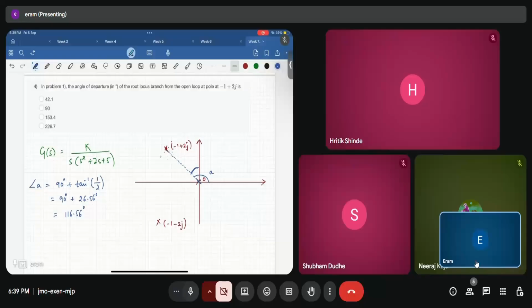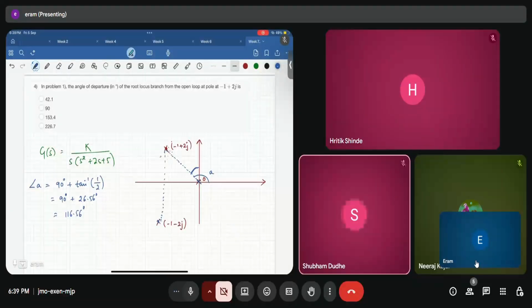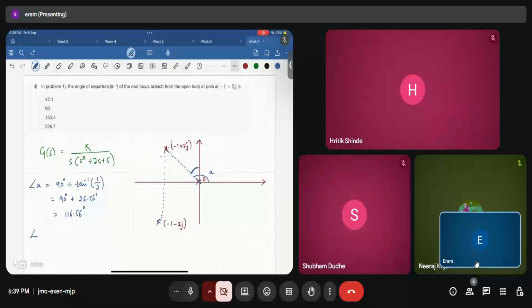Okay. And where is the other open loop pole? This conjugate one. What angle will this pole be making with this one? 90 degrees. So this angle B will be 90 degrees.